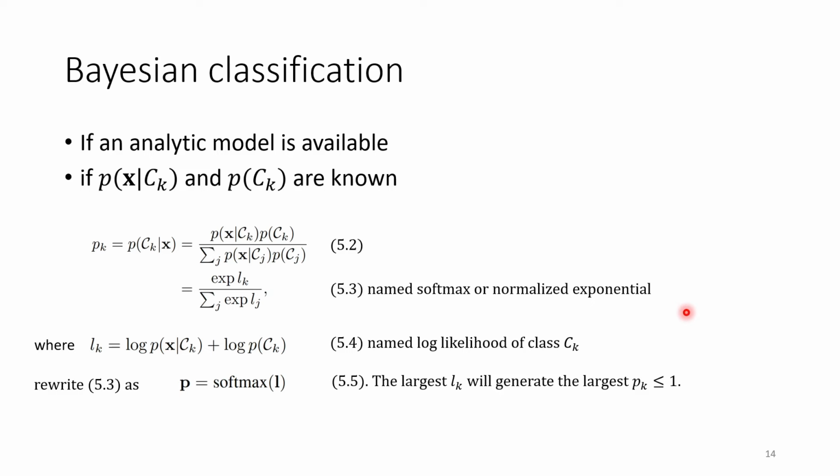Then we have several classes, and given a class we know the probability of its input data, and we even know the prior probability of a class.